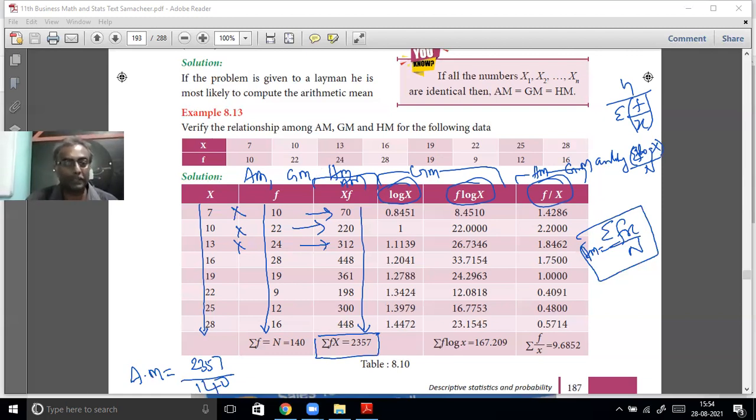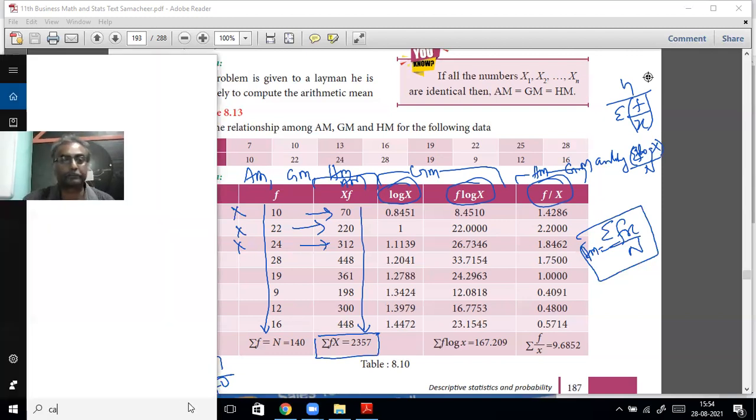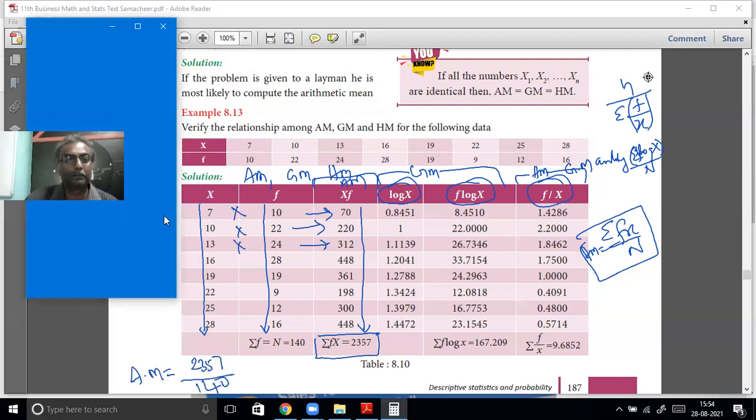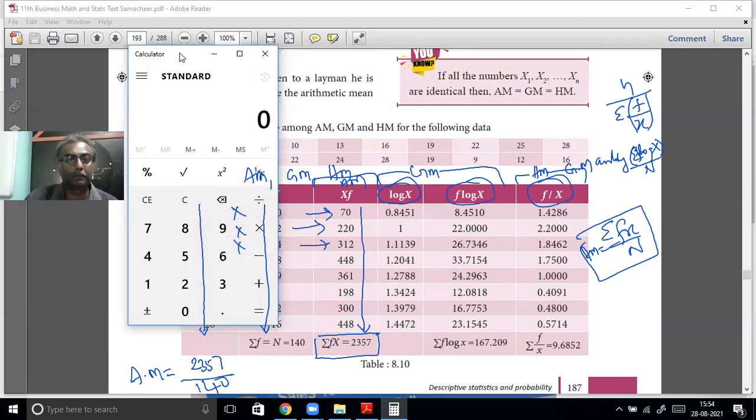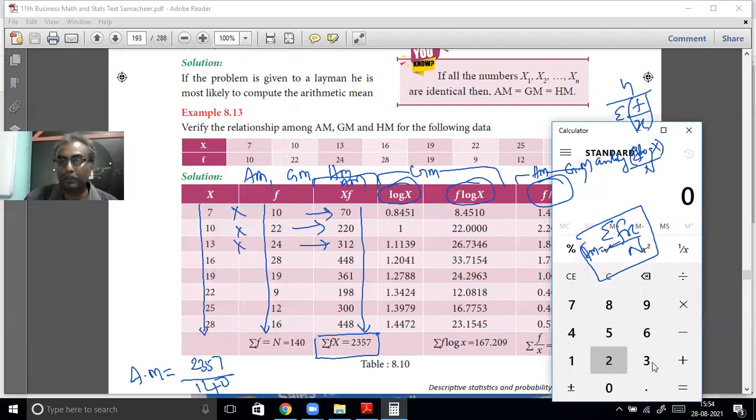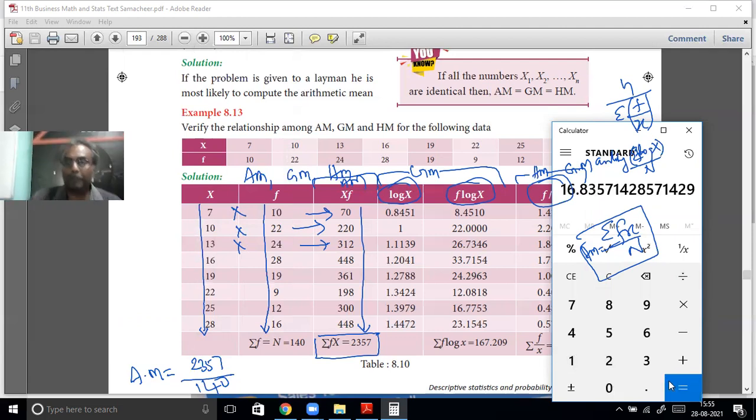Let us see how much that is. 2357 divided by 140 is equal to 16.83.